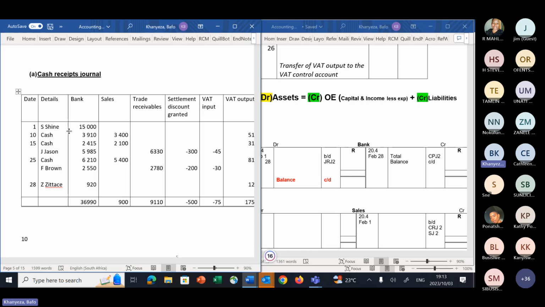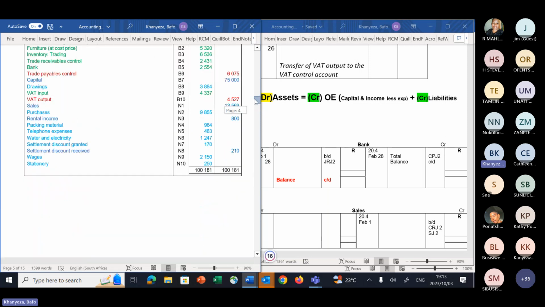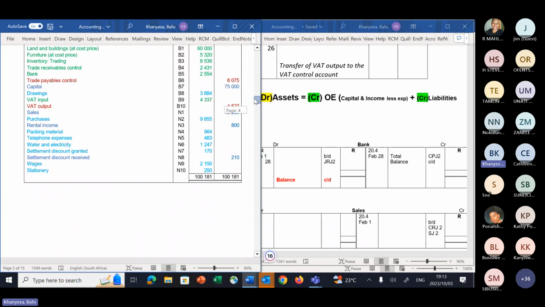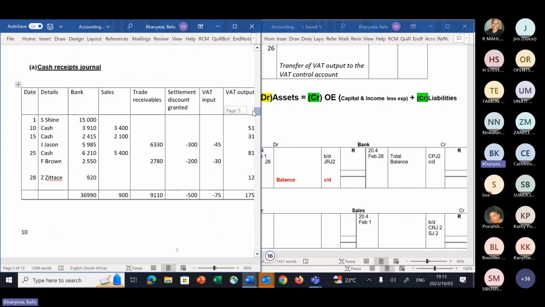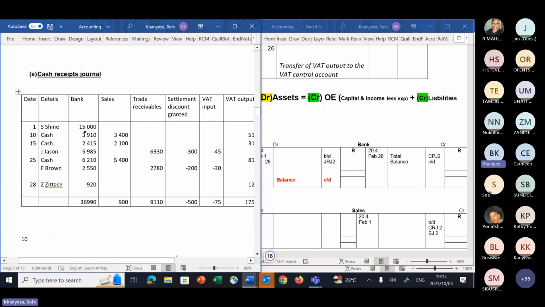Let's follow the cash receipts journal, because if I start with the list of balances, it gives away whether it is a debit or not. Sometimes you might not have a list of balances to decide. You can be given the cash receipts journal, the cash payment journal, and the totals, and then figure out whether it was a debit or a credit. So let's start with the journal.